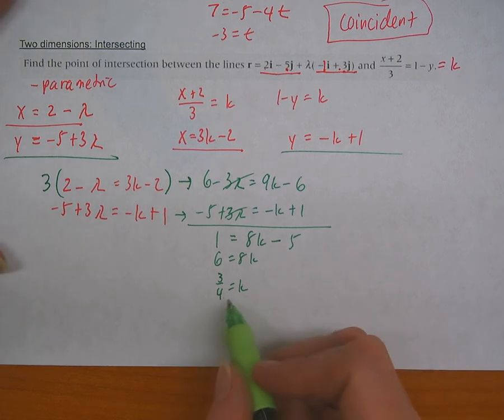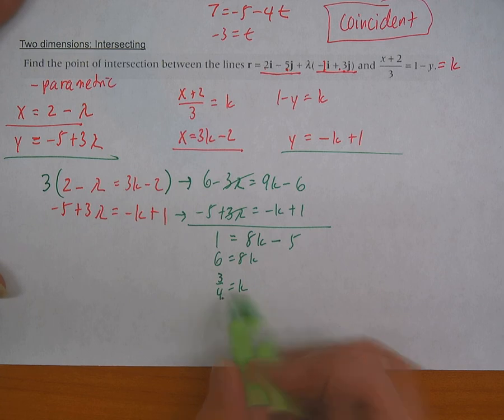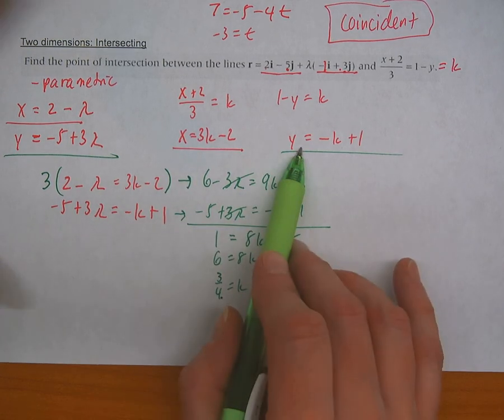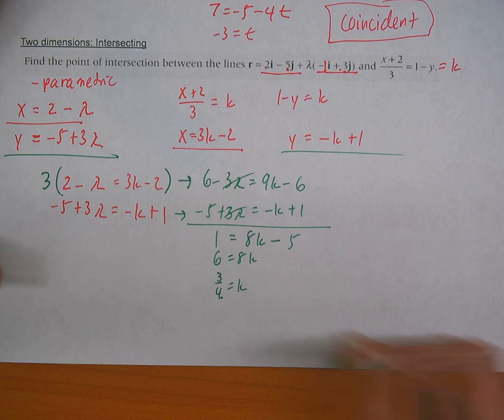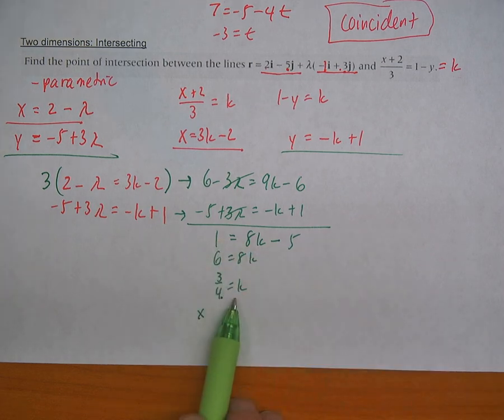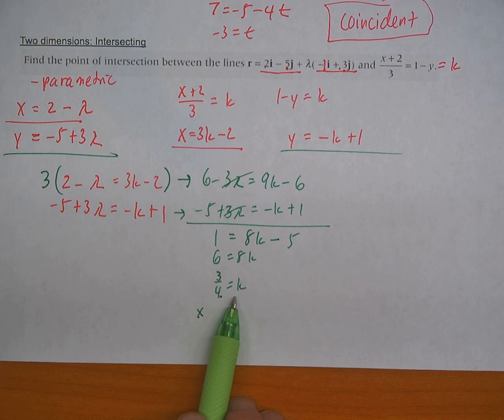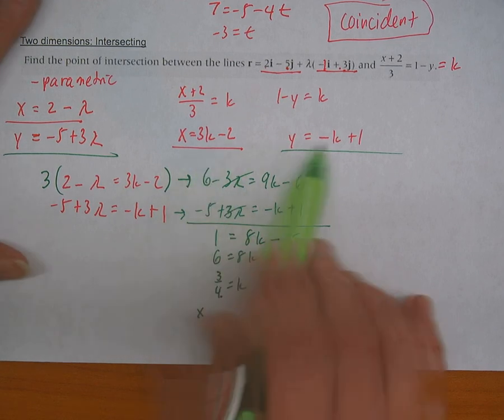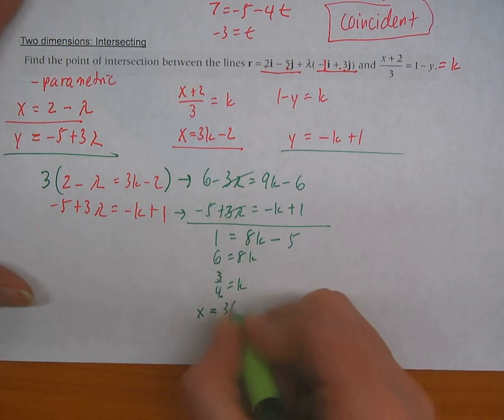Now what I need to do is plug that value into the x and the y components and figure out what the point of intersection is. So these lines intersect at k equals 3/4. By plugging in k, I can find the exact x and y values.